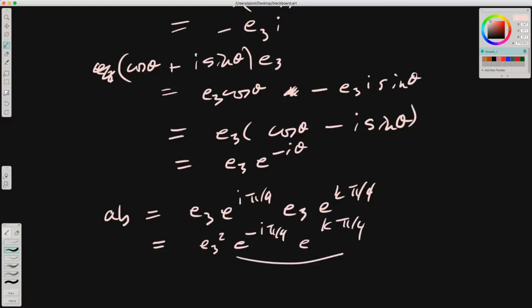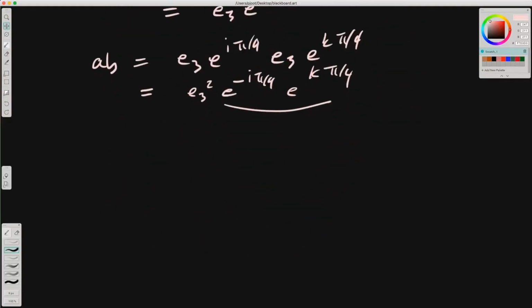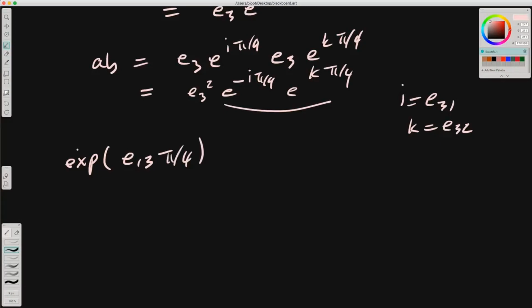And so that shows that this particular product, and I'll just write it out. I was E31 and K was E32, so e to the E13 pi by 4 times e to the E32 pi by 4.